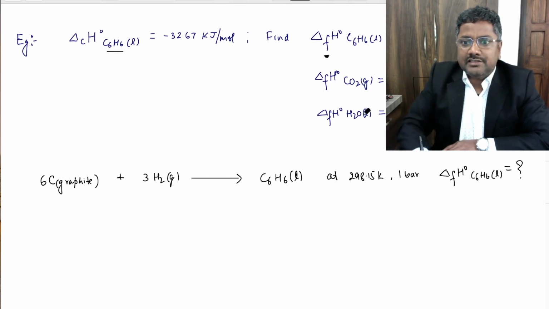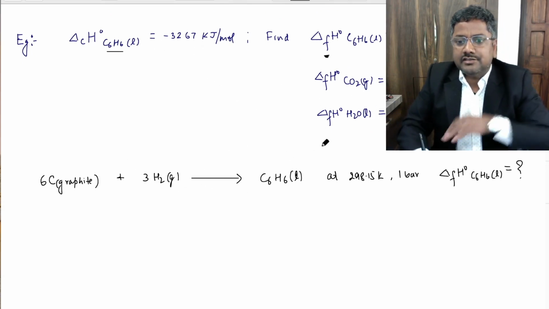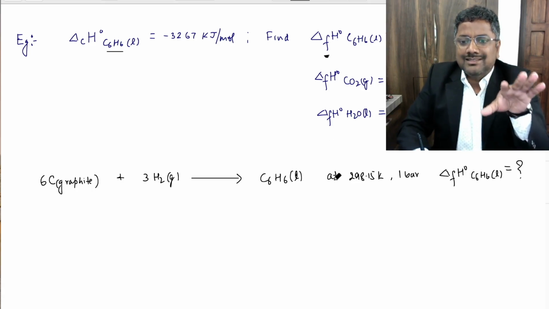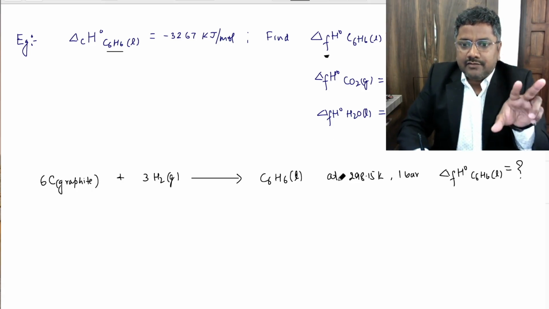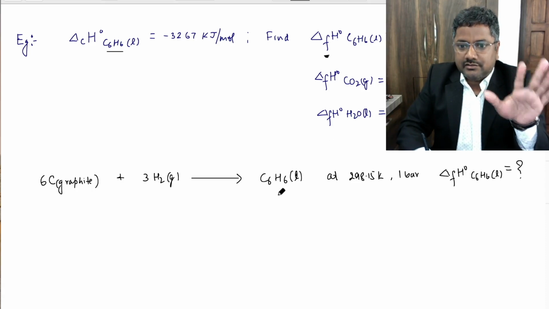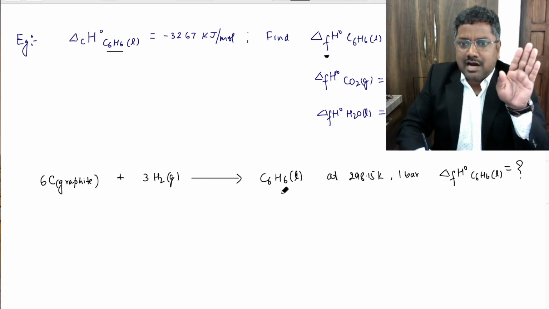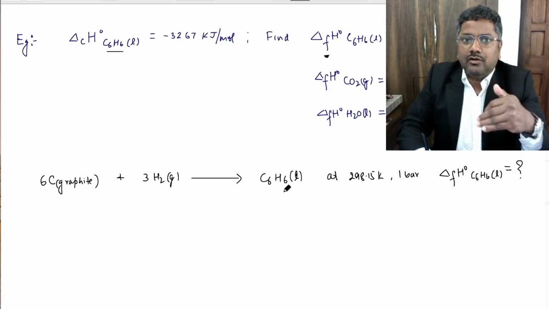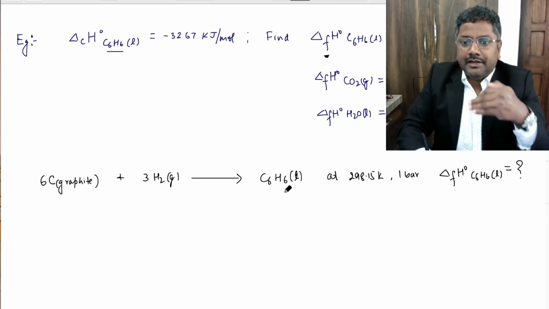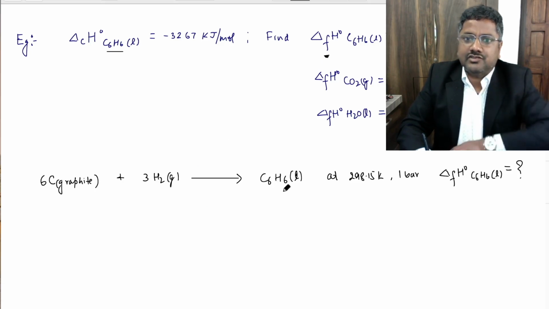Now on the basis of three different equations, you have to manipulate them algebraically to get this equation, right? This is the simple task. If you follow the steps explained to you, definitely there is no problem in solving such types of questions.